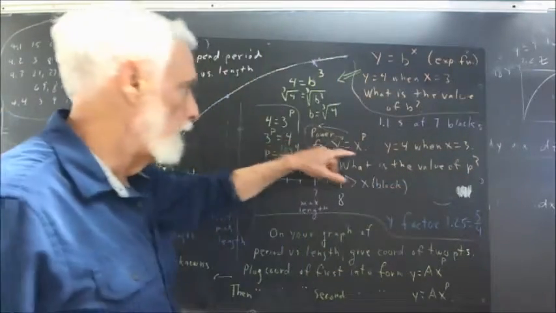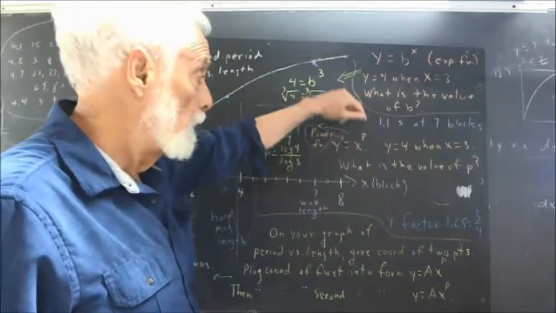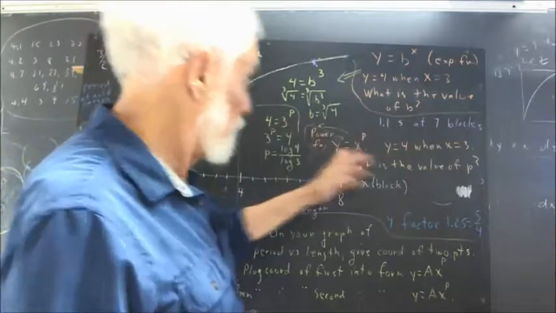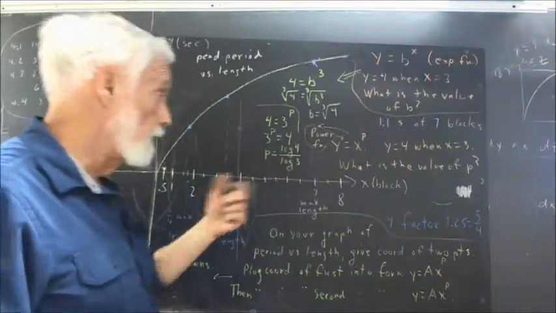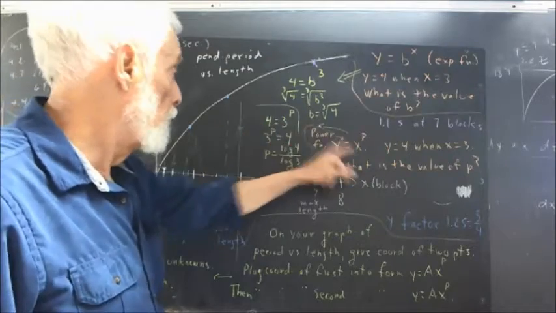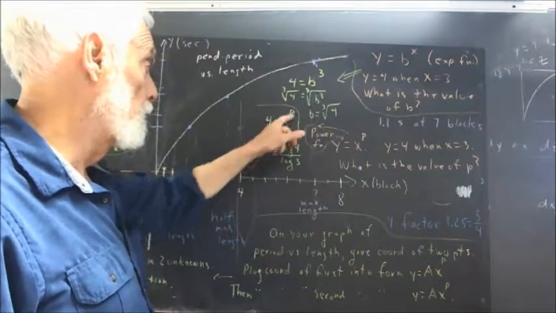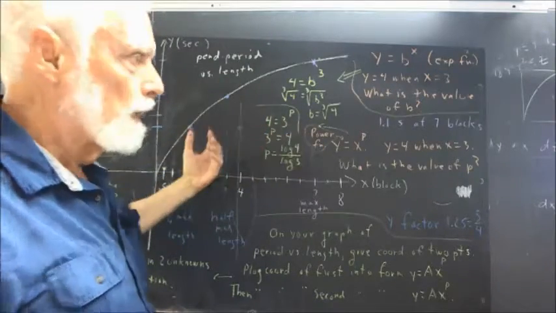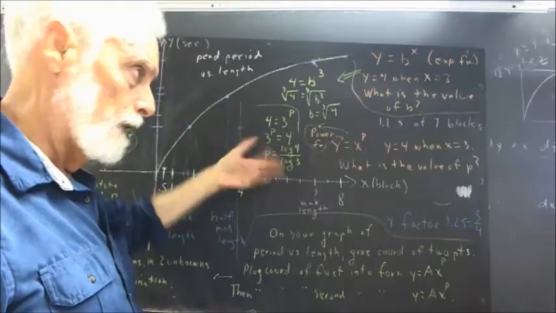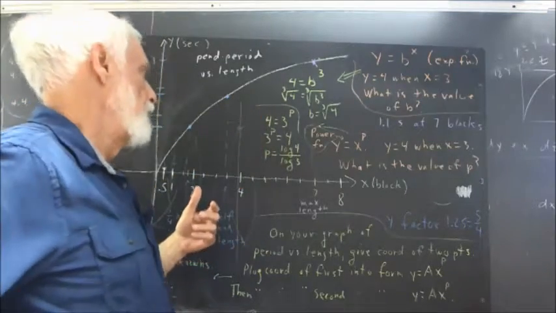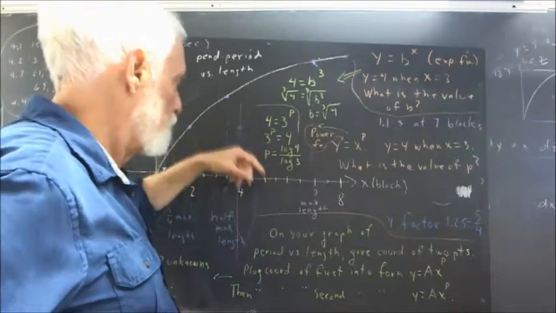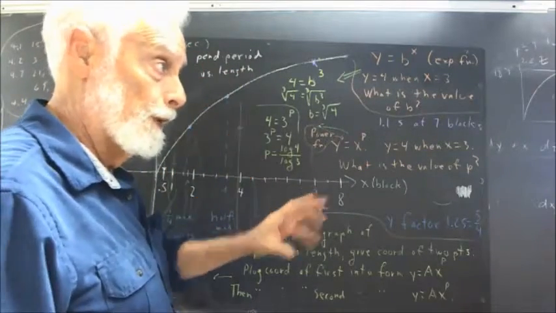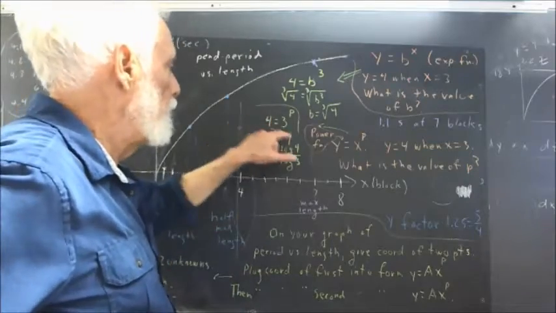Because we know y and x, there's only one unknown in this equation, and that's p. We plug in 4 for y and 3 for x, giving us 4 equals 3 to the p. I turn that around because we usually like to have the variable we're solving for on the left. That's just customary. We want the final result to be p equals something. So, 3 to the p equals 4.